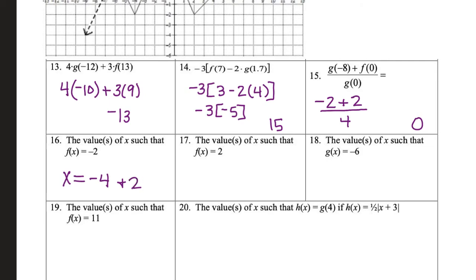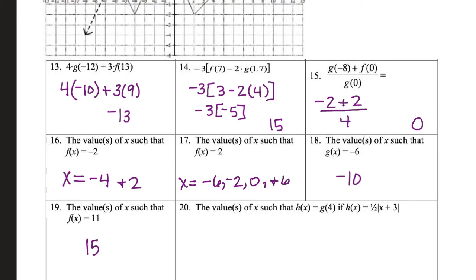The same thing for 17. You're going to get x equals negative 6, negative 2, 0, and 6. All right, number 18 is negative 10. And then 19 is 15.